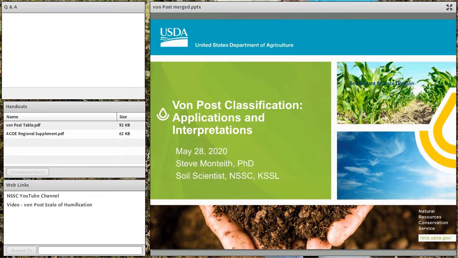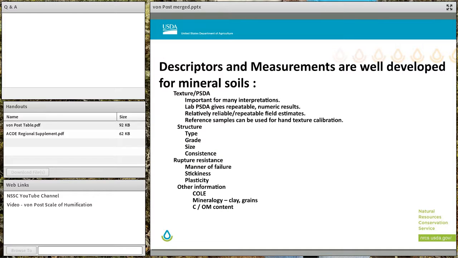Okay. Having looked at the field application and the procedure of von Post, what is it good for? What can we use it for? So that's some of the things that I'm going to go over. For mineral soils, there's a well-developed system of describing the soils with a lot of descriptors and categories.